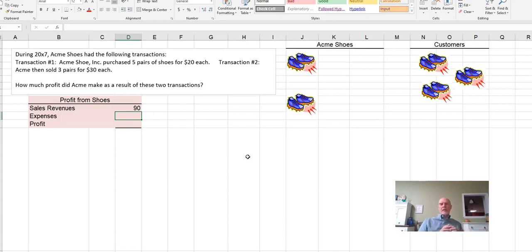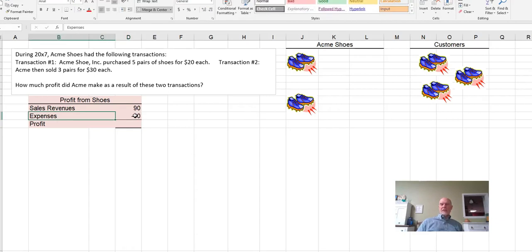Or another way to think about it is we're going to match expenses to the revenues that those expenses helped us to earn or generated. So we've had revenues from 3 pairs of shoes. Now, what was the cost of those 3 pairs of shoes? Well, it was $20 a piece, or that'd be 60. So we're actually going to subtract, for expenses, we're going to subtract $60.